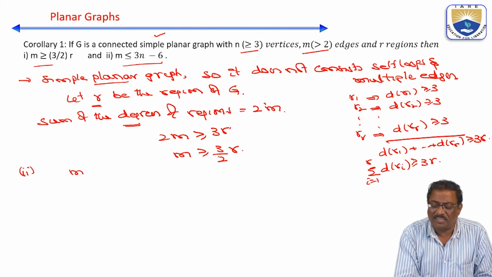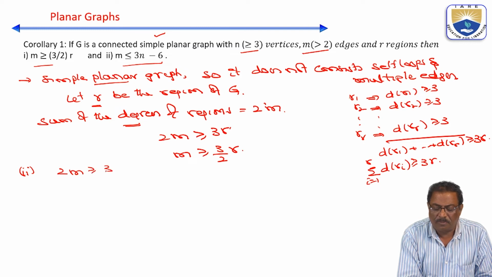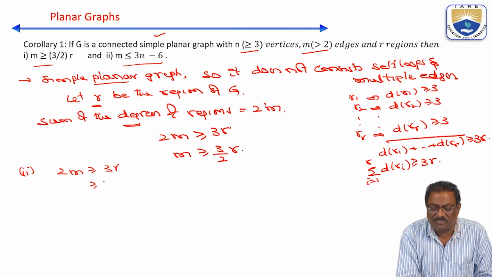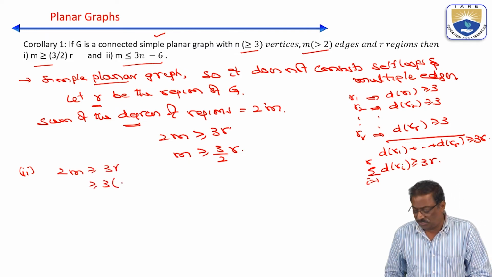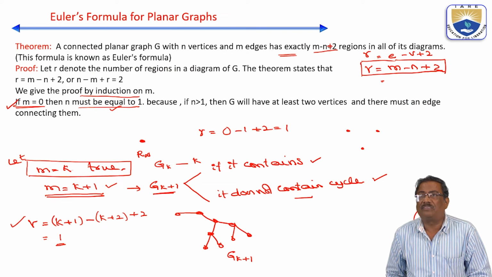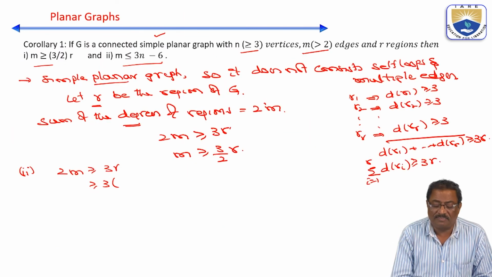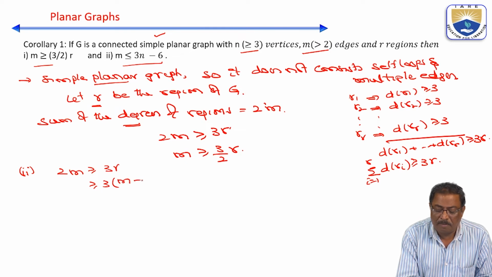So m is greater than or equal to 3r, means 2m is greater than or equal to 3r. What is Euler's theorem? It is a simple planar graph. It satisfies Euler's theorem. So number of regions is m minus n plus 2.